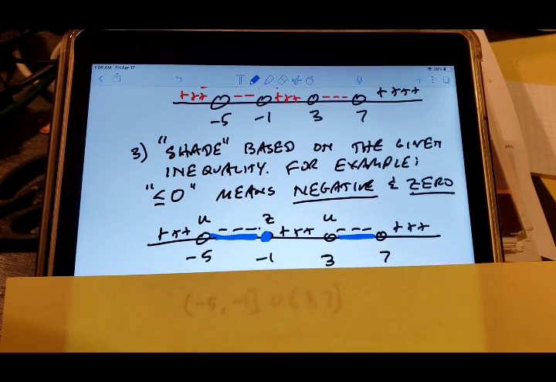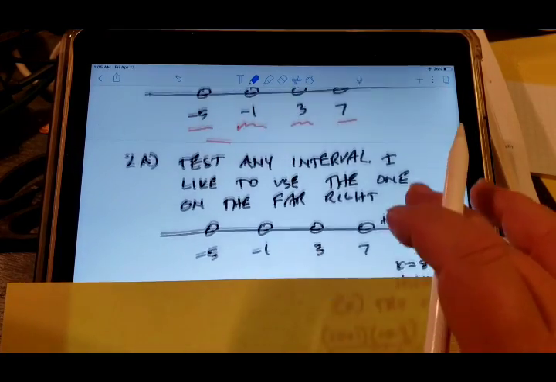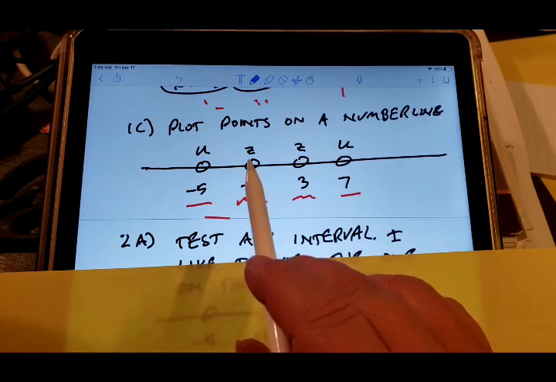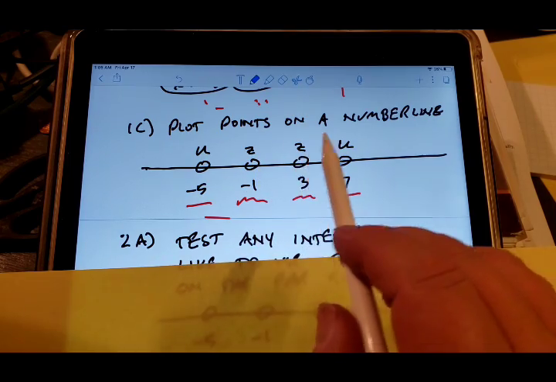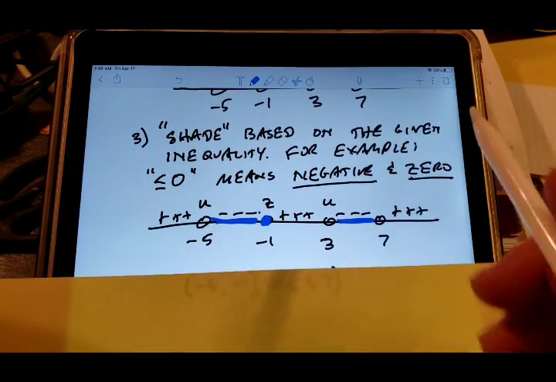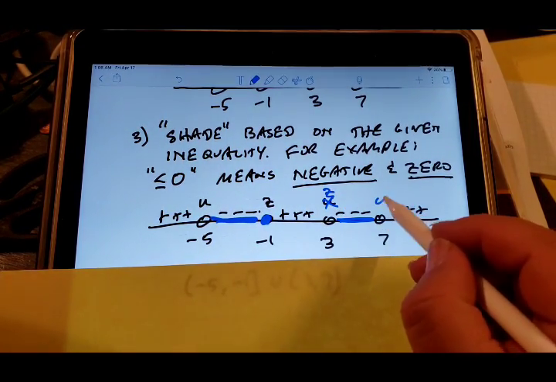I do have a typo here. I thought I copied this from up above. If you remember, 3 was a 0 for this problem and undefined. So my mistake here: this was a 0 and this was undefined.